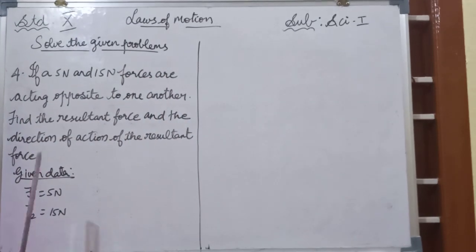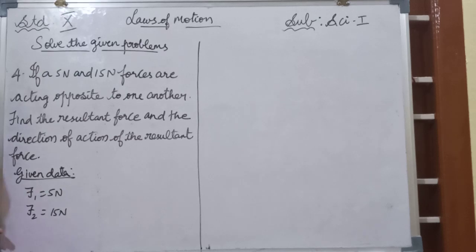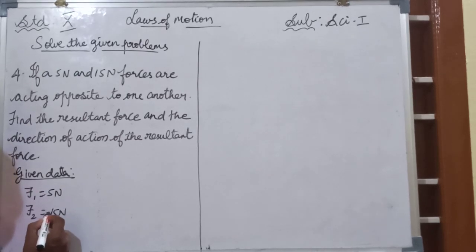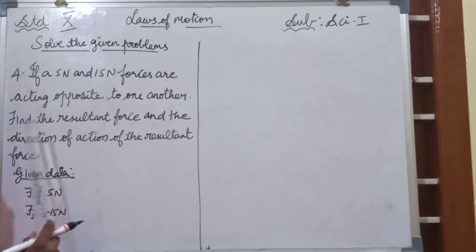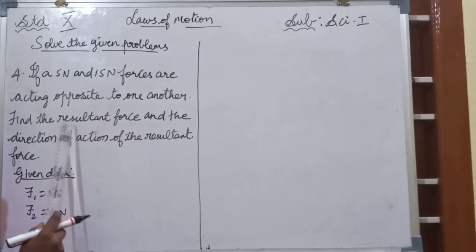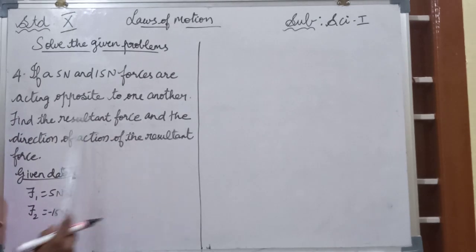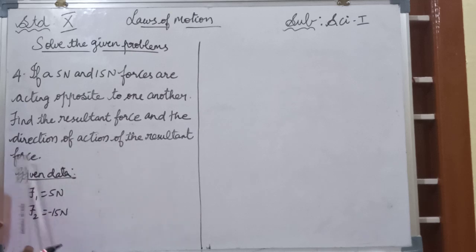Opposite, already I told you, we have to represent with some kind of sign, so for opposite I am putting minus over here. Find the resultant force, I mean the total force acting on that body, and the direction of action of the resultant force.